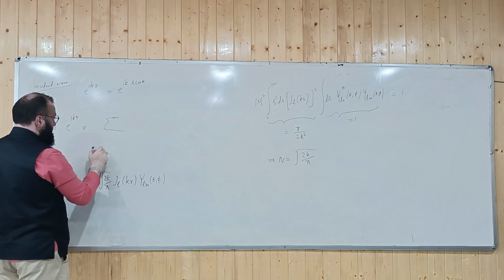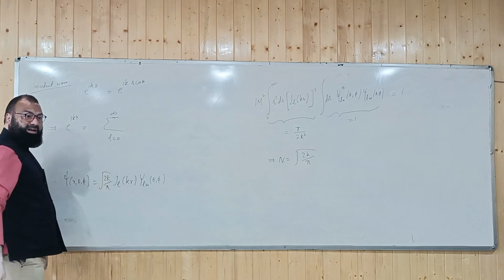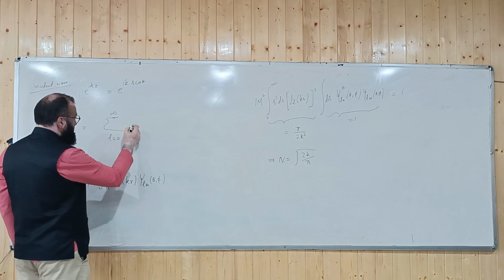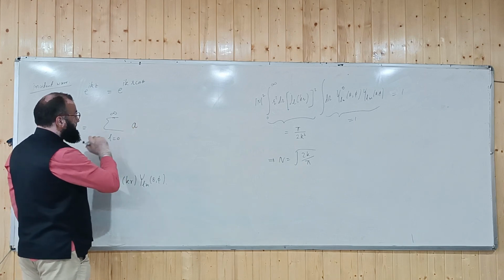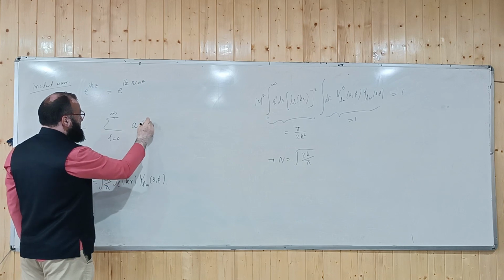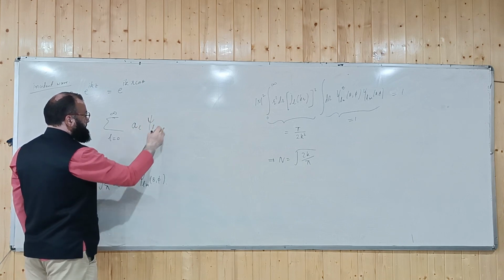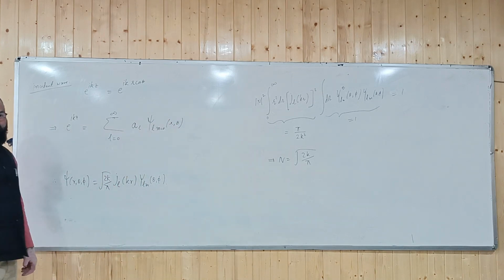Summation over L equal to 0 to infinity. These are an infinite number of L states. When I write the superposition, what should I write? Some constant, which is to be figured out. Let's write A_L. Then you write psi_L, m equal to 0, because m is equal to 0.